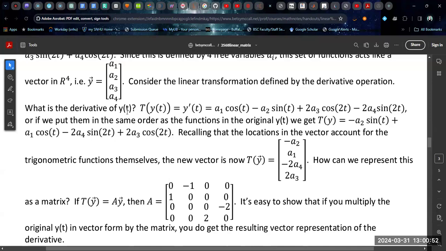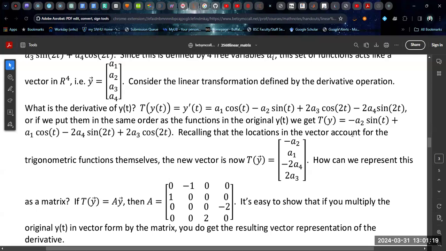What is the derivative? Well, let's do the derivative of our generic vector. We would get a1 cosine t minus a2 sine t plus 2a3 cosine 2t and minus 2a4 sine 2t. And if we put them in the same order as the functions in the original y of t, we would get this expression. So I move the sine up and the cosine back, and so on.